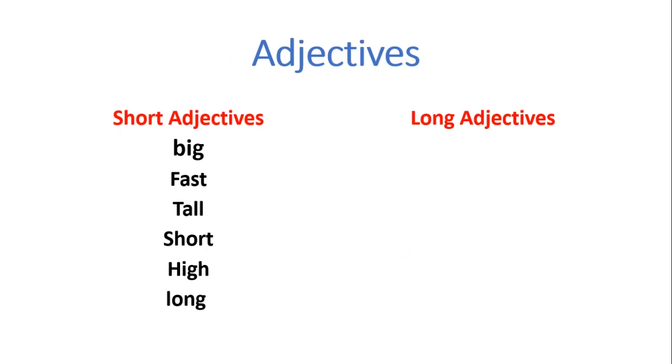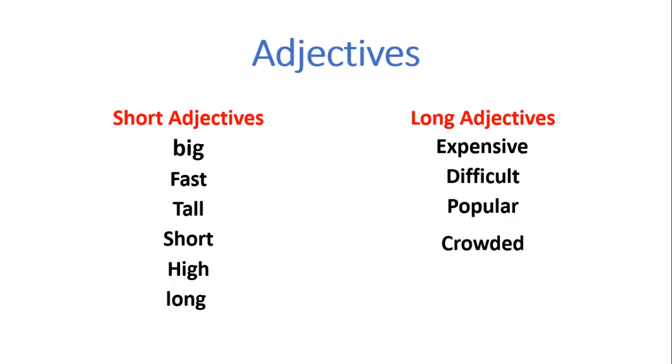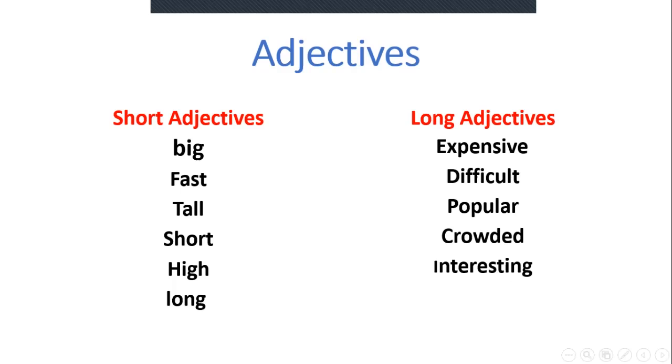Long adjectives are the adjectives which consist of more than two syllables, like expensive, difficult, popular, crowded, interesting. Again, we have two kinds of adjectives: short adjectives, which consist of one or two syllables, and long adjectives, which consist of more than two syllables.